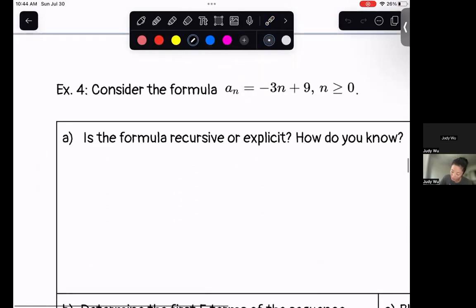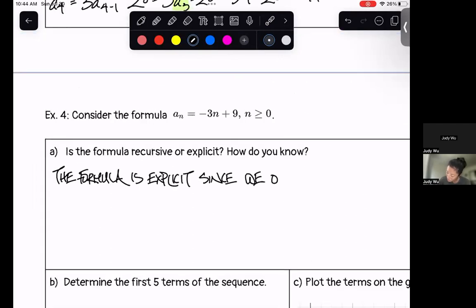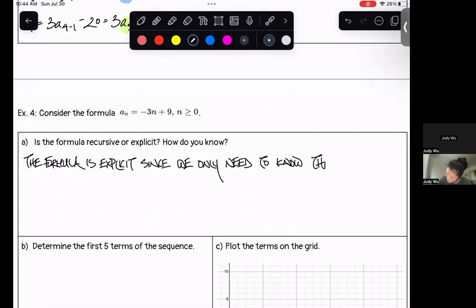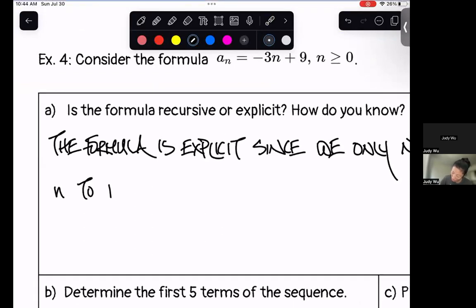So in that case, we can say that the formula is explicit since we only need to know the value of n to find the nth term.